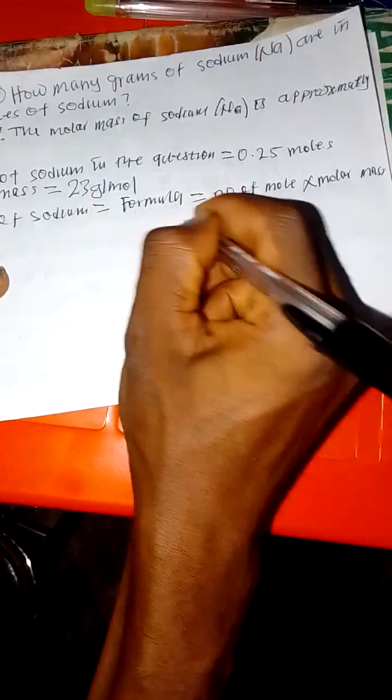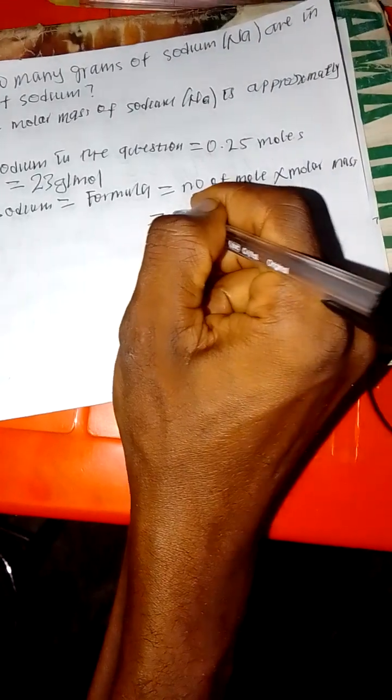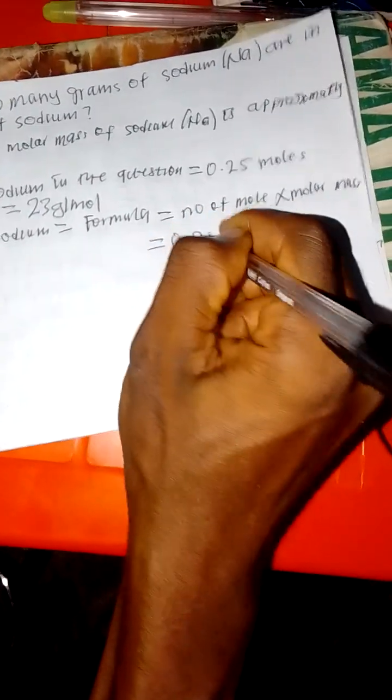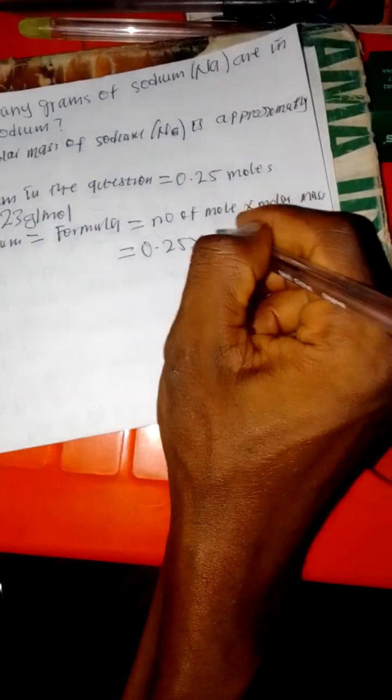So let's just plug in the values: 0.25 times 23. When you use your calculator to multiply 0.25 times 23, this is what you get: 5.75.